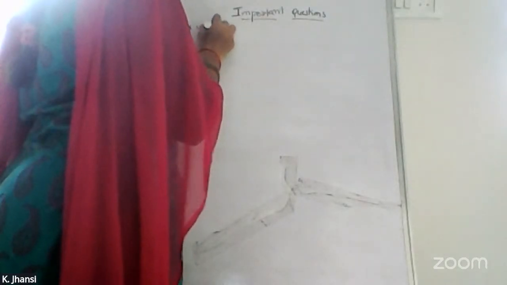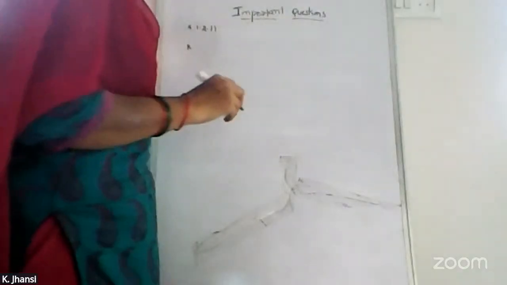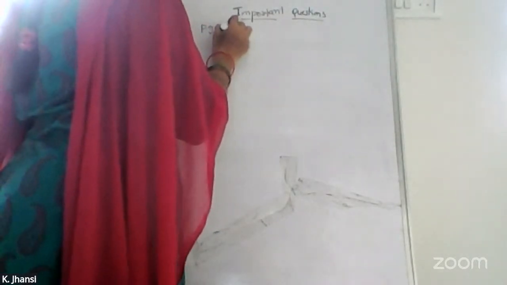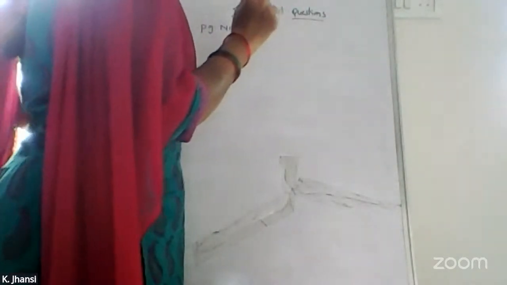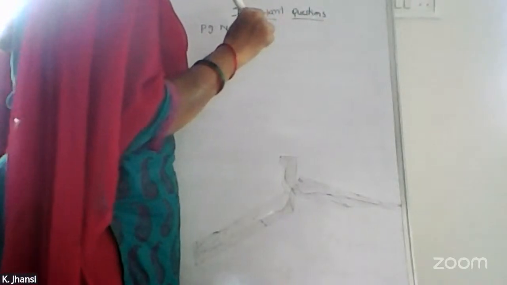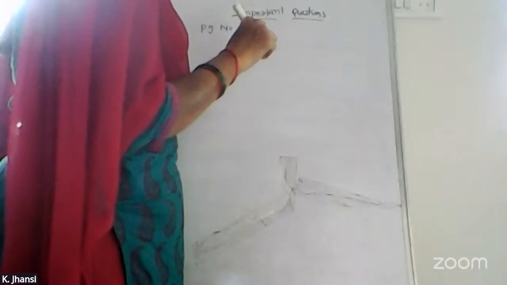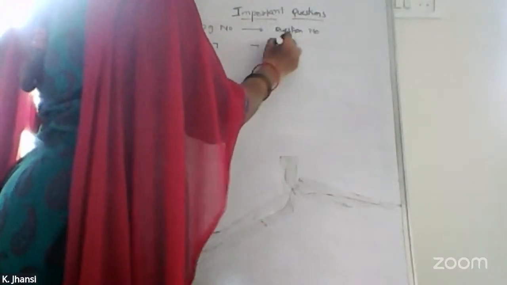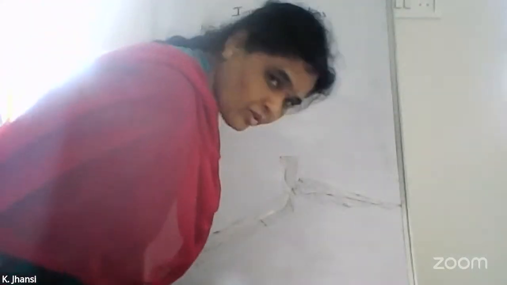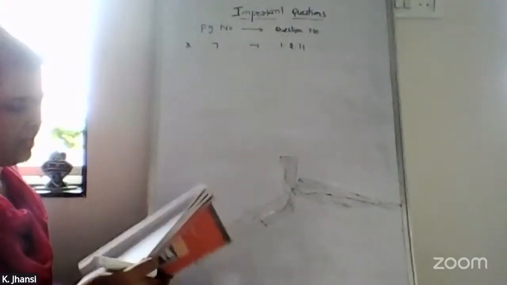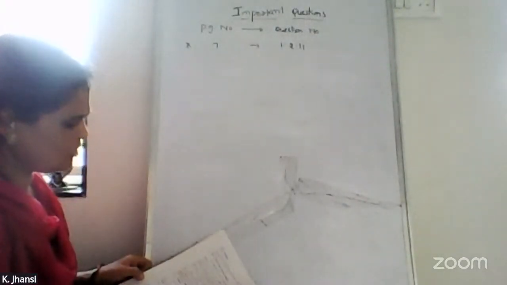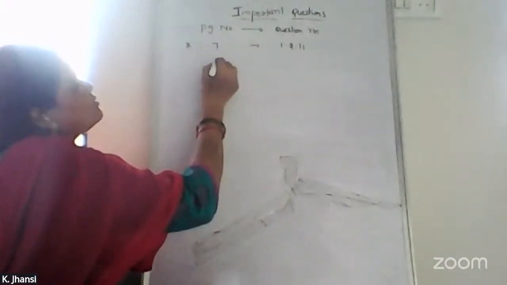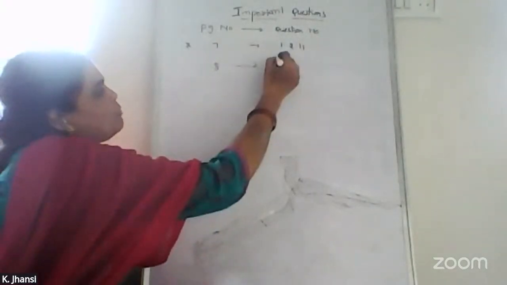Page number 7, 1.2.11. Next, page number 8. It is 1.3.3.